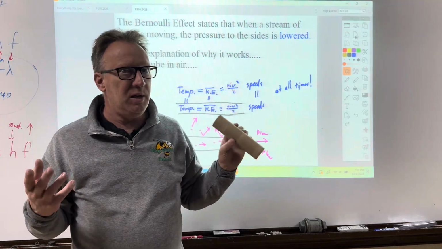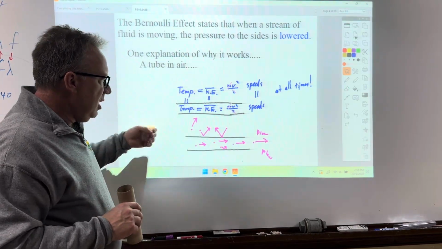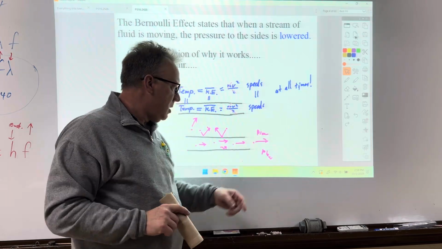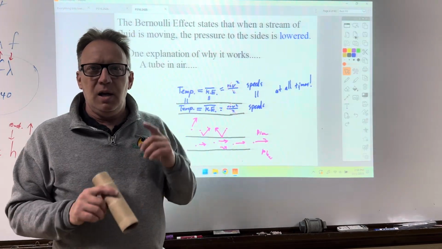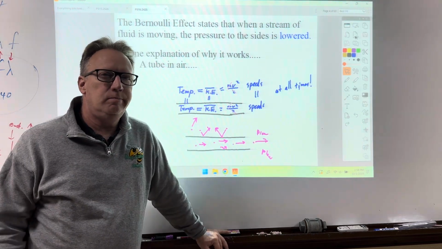You've got to be able to explain why if they're not at all times. So if you get this air in here moving fast this way, it can't have more overall motion than the air particles out here.